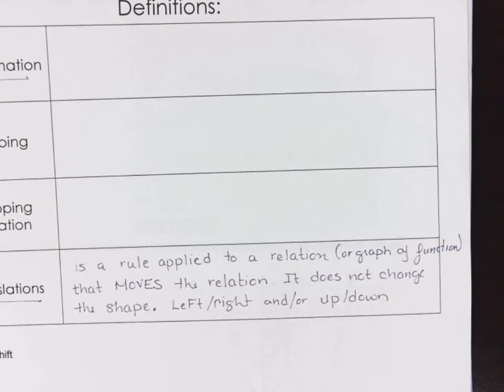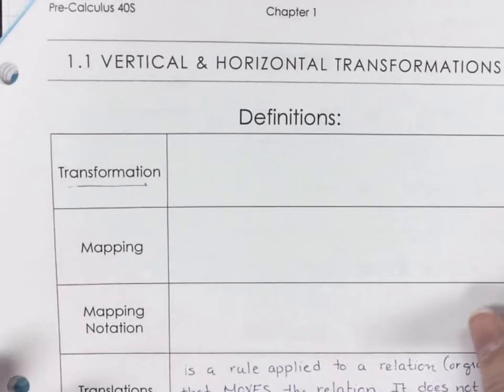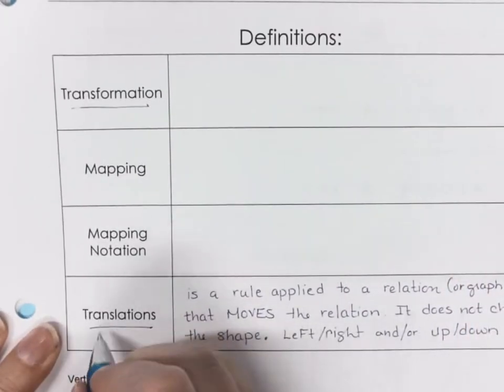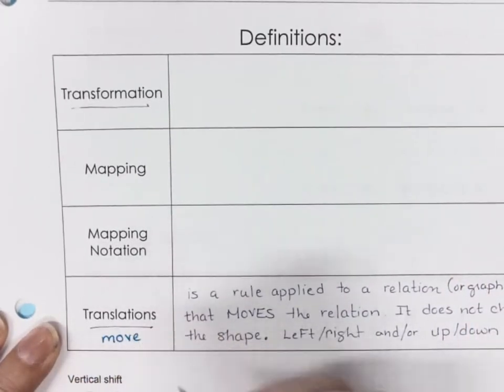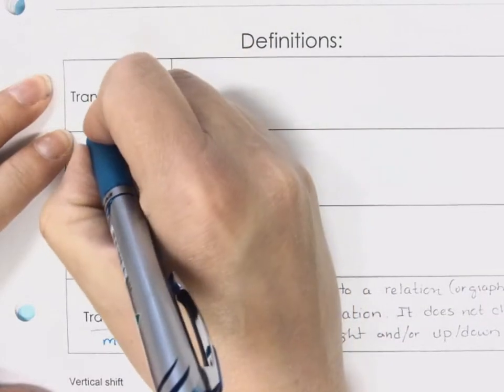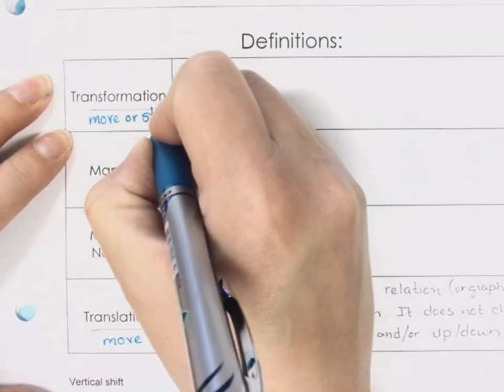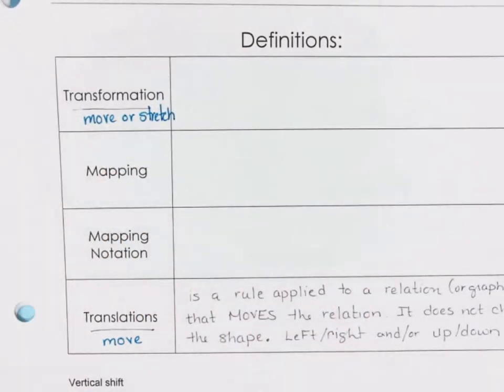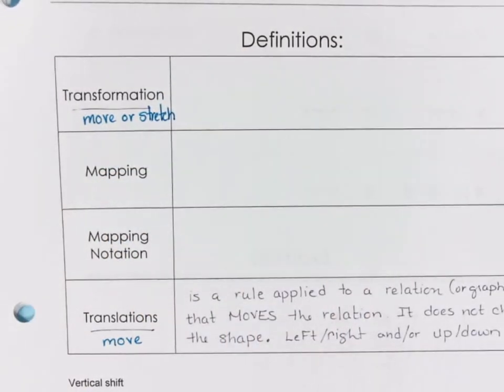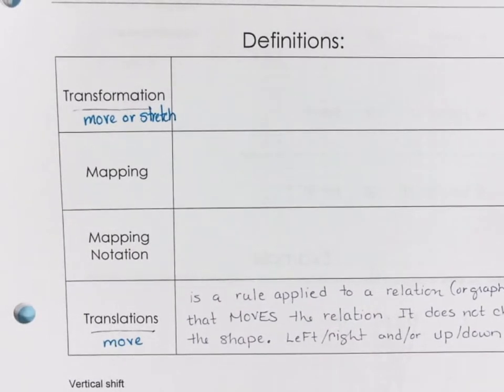Okay, so now we're going to go up to transformation, this is specific. A translation is a move. And a transformation is a move, or it's a stretch. Now, the opposite of stretching is compression. Stretch, compression, contract.